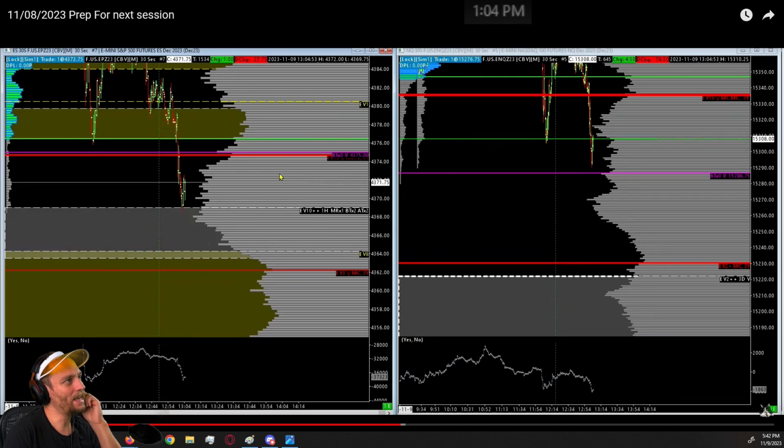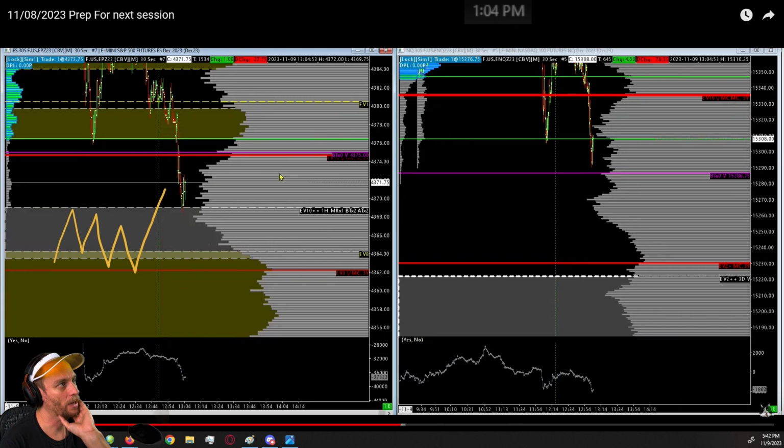So what this is telling me in this specific location is there was a range in here. Whatever this range was, it bottom ticked twice and then it broke out. Okay.